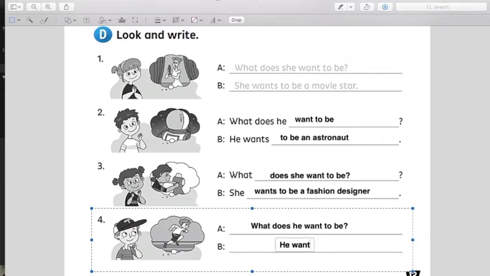He wants, with an S, to be an athlete. Period. Full stop. And the reason we use an is because athlete, the noun, starts with a vowel. Okay, he wants to be an athlete.